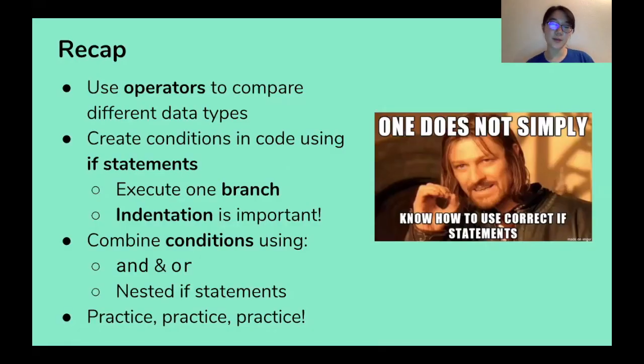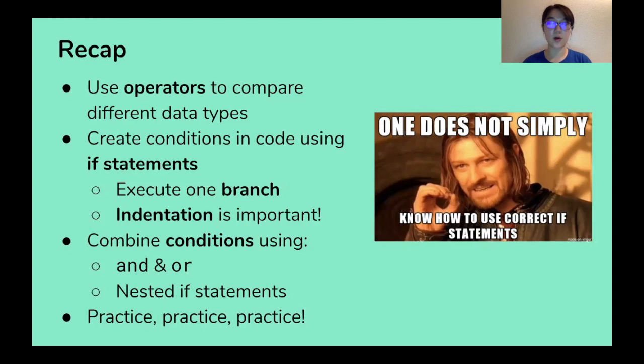So let's recap a little bit what we learned today. We learned the importance of using operators to compare different data types, and we also learned how to write our own conditions using if statements. An important thing I want you guys to take away is that every time we enter into an if statement, we're only going to execute one branch.